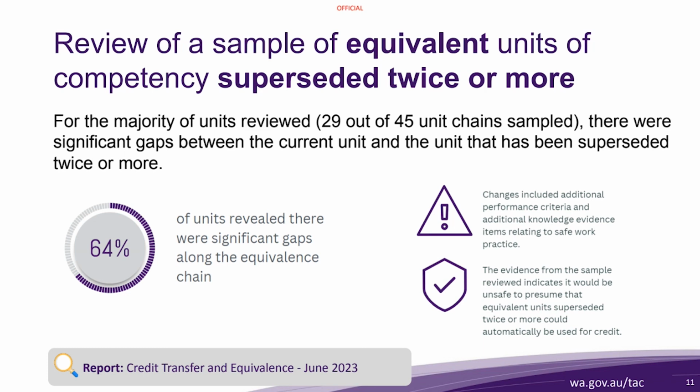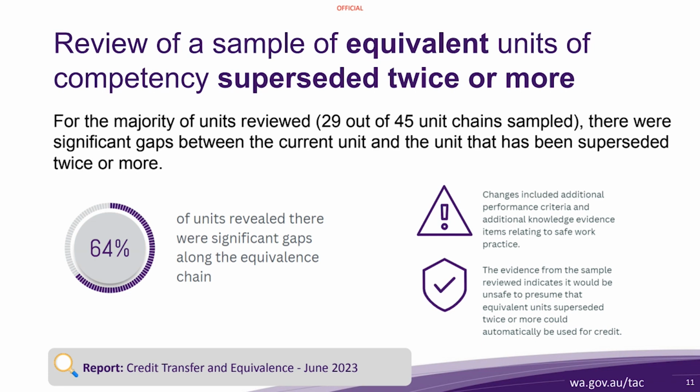And those significant shifts basically meant that if a person presented you with a unit of competency that was perhaps a decade old, then the content of that unit of competency and its workplace outcomes will have changed significantly between the time that unit was achieved and the current unit and its content.